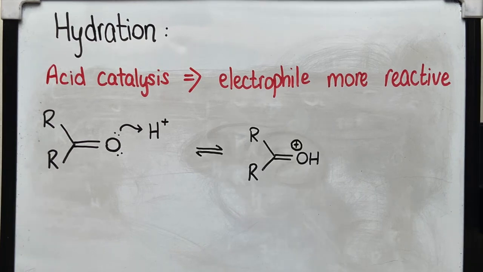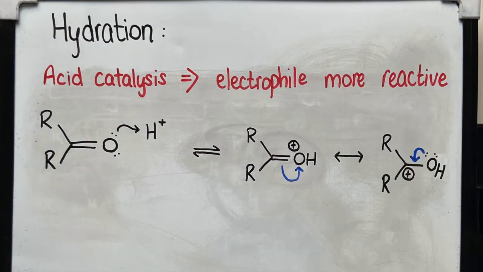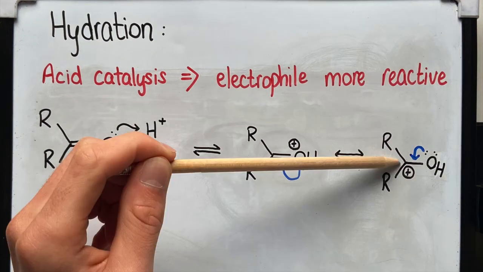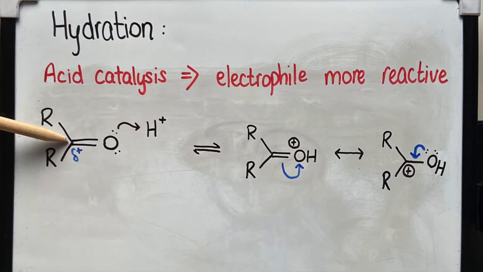We formally generate a species which is positively charged and has a resonance form drawn here. The carbon atom has a full formal positive charge attached to it, rather than a delta positive charge in an uncatalyzed carbonyl compound. This makes the carbonyl more electrophilic and massively increases the reactivity of the carbon center.